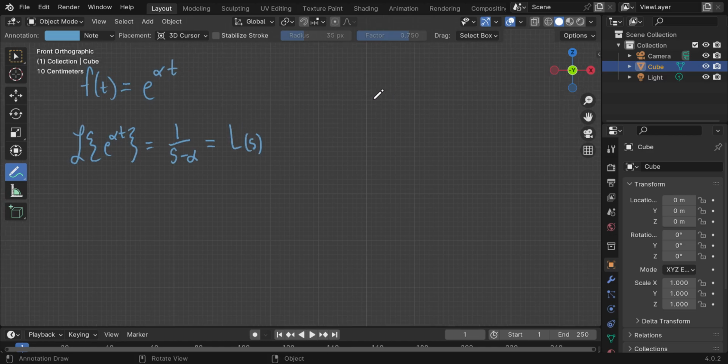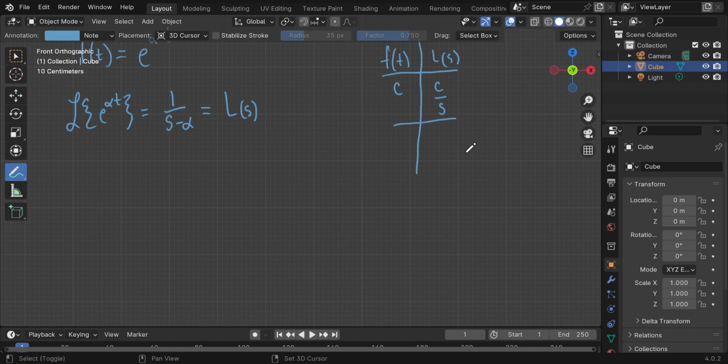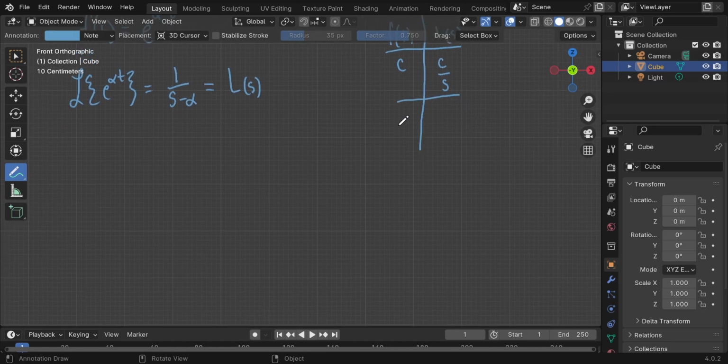So if we create a table here, an f of t and an L of s column, we know that any constant c we put in, the output will be c over s. If we're given any t to the n, we're going to get n factorial over s to the n plus 1.